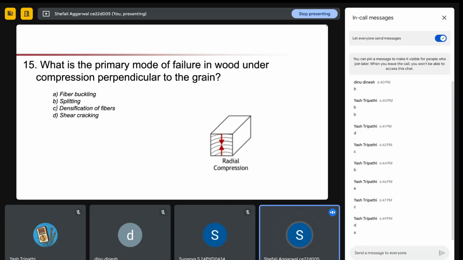Buckling, splitting, densification, or shear cracking? So if you see this figure, if we are compressing it in this direction, firstly what will happen, these will come closer to each other. So first it will be densification of fibers.